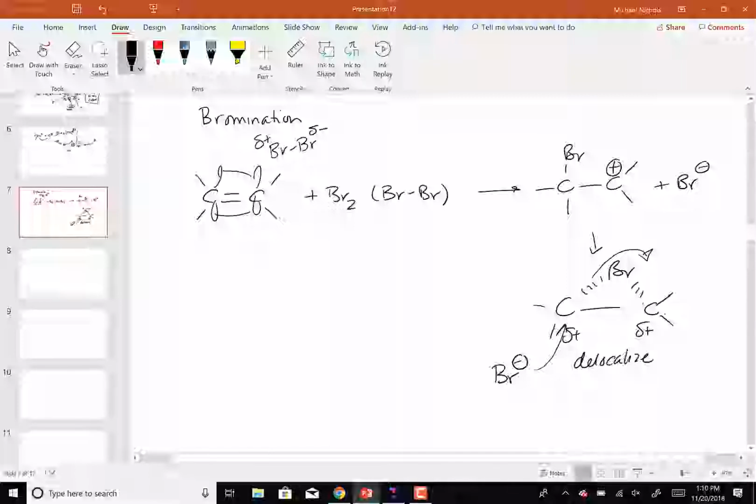So this is kind of like backside attack. It's not in the true context of SN2. So the Br minus has to add from underneath, and what that means is that the two bromines always add 100% trans because of the triangular intermediate.